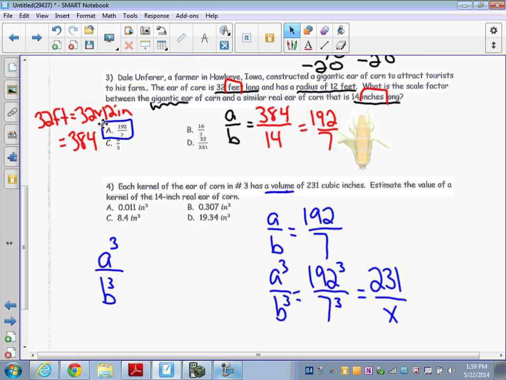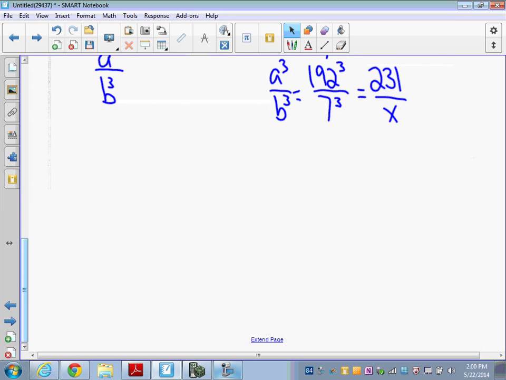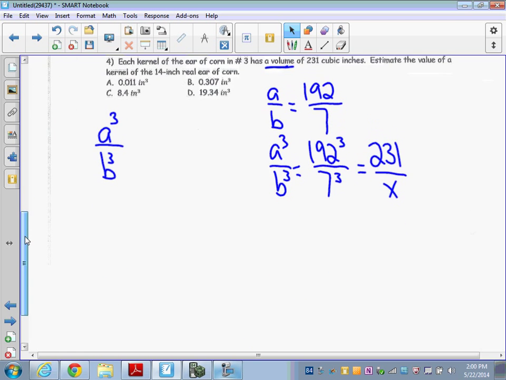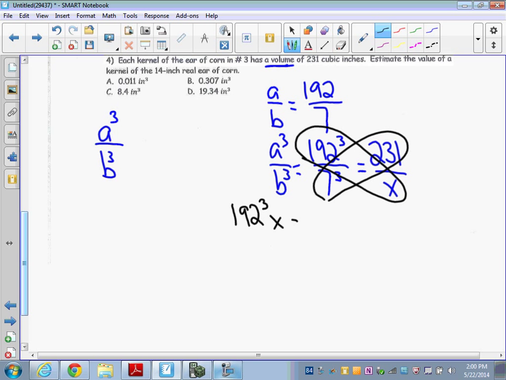So if I want to solve this, it's kind of tricky. I'm going to have 192 cubed x. I didn't cube it right away because I'm going to get a very large number. And I get 231 times 7 cubed. Remember, I'm just multiplying here, so I'm going to divide both sides by 192 cubed.